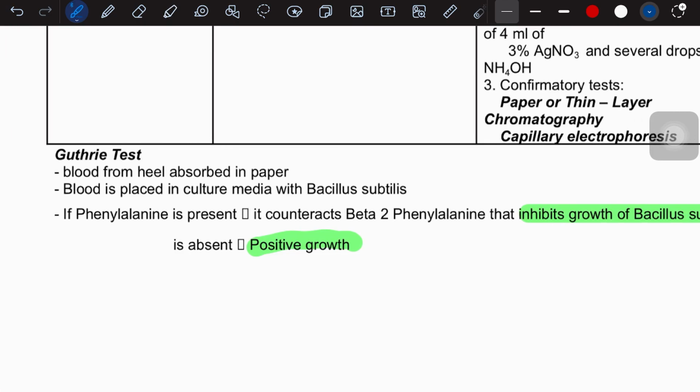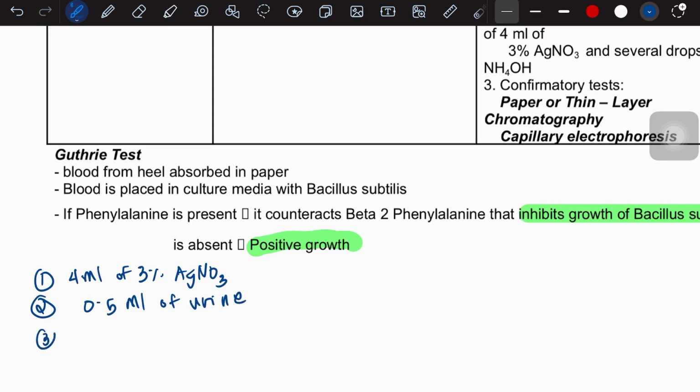So, this is also in your book. Isulat lang po ni ang method on how we perform the homogentisic acid test for alkaptonuria. So, first is we place 4 ml of 3% silver nitrate in a tube. Next is mag-addta og 0.5 ml of your urine. Next is i-mix siya.